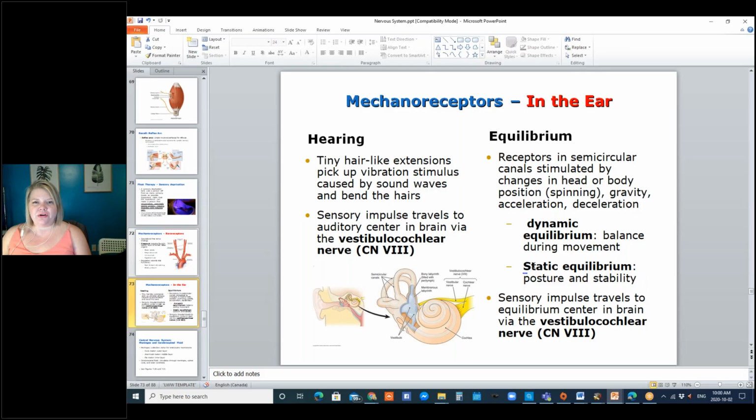Like you might when you've spun around in circles, right? And then try to walk. It is your receptors and your semicircular canals that are helping you manage your understanding of your head position in space. Static equilibrium has to do with your posture and stability while you're at rest.